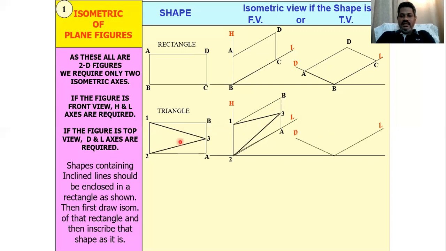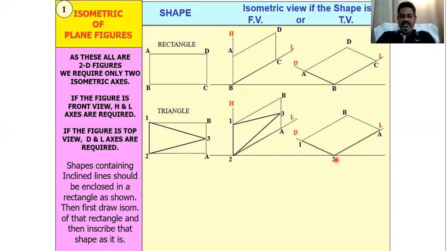Then I would like to represent the triangle on the top view also. Then draw a line at an angle of 30 degrees and draw one more line at an angle of 30 degrees to represent the depth, and to represent the length, draw a line at an angle of 30 degrees as shown in this figure. Then construct a rectangle first.